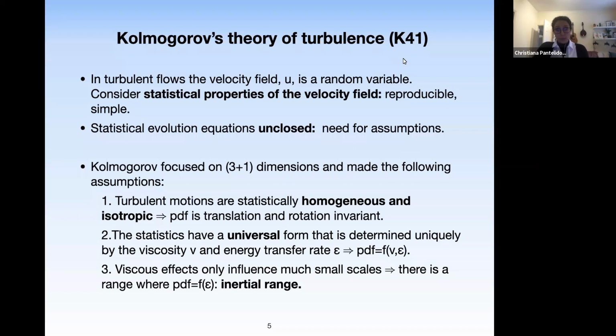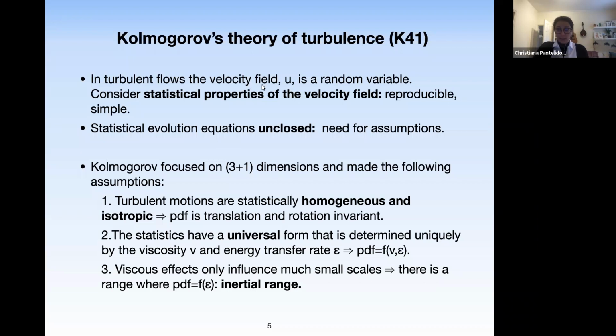So at the time when Kolmogorov started thinking about turbulence, it was clear from the literature that the velocity field U is actually a random variable. Despite the fact that its dynamics is controlled by a deterministic equation, namely the Navier-Stokes equation, small changes in the initial data or other quantities in the system have a big effect on the velocity field.